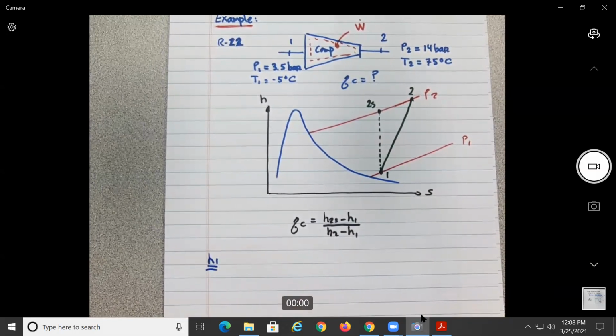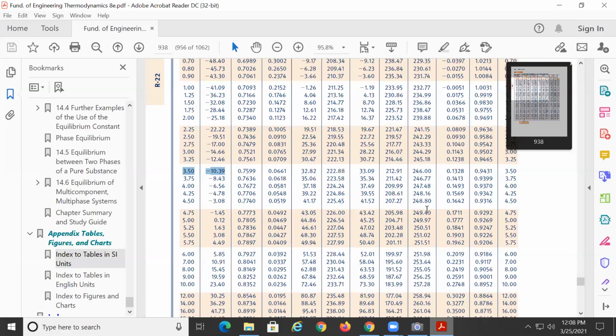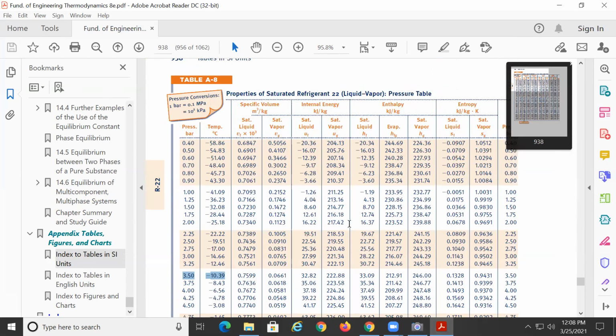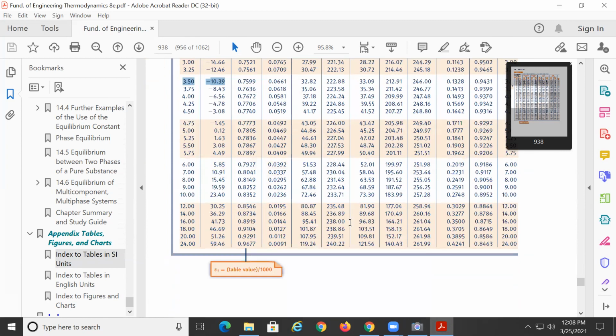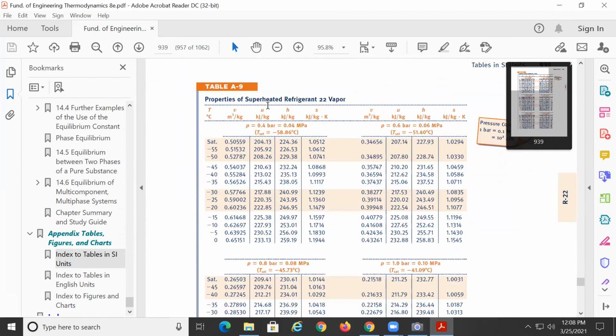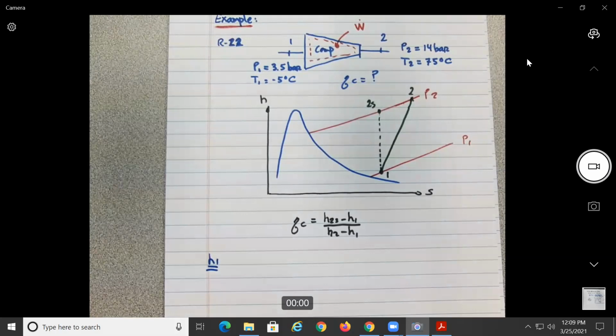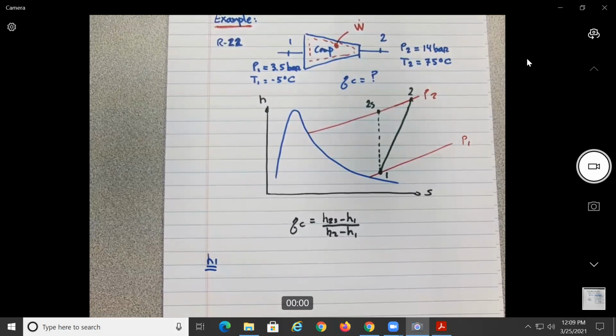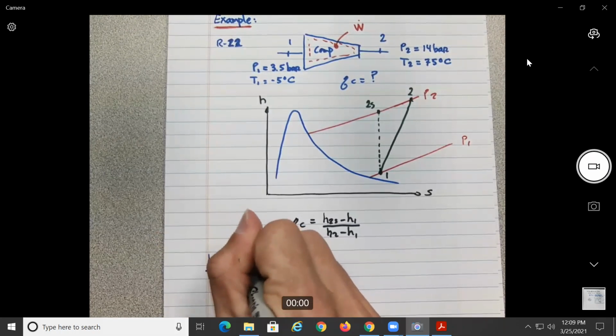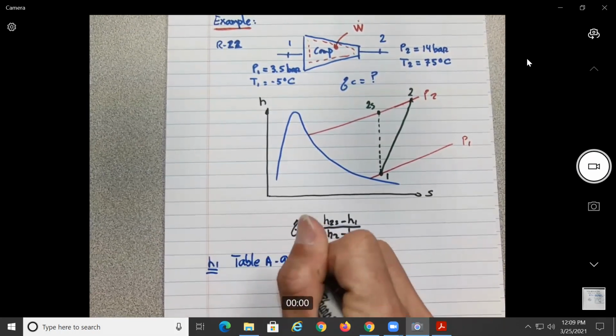We just said that we know the state is superheated vapor. So that means that we need to go to which tables? So we find out here, this is table A8. So I guess we're gonna have to go to table A9, which is superheated refrigerant, no? And table A9, we need to know two things.